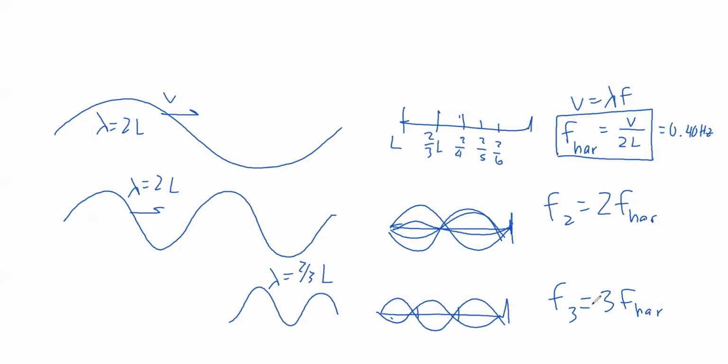So in general then, and this will be helpful to make as a little study guide. For a node-node pair, the fundamental harmonic is the speed over 2L, right?